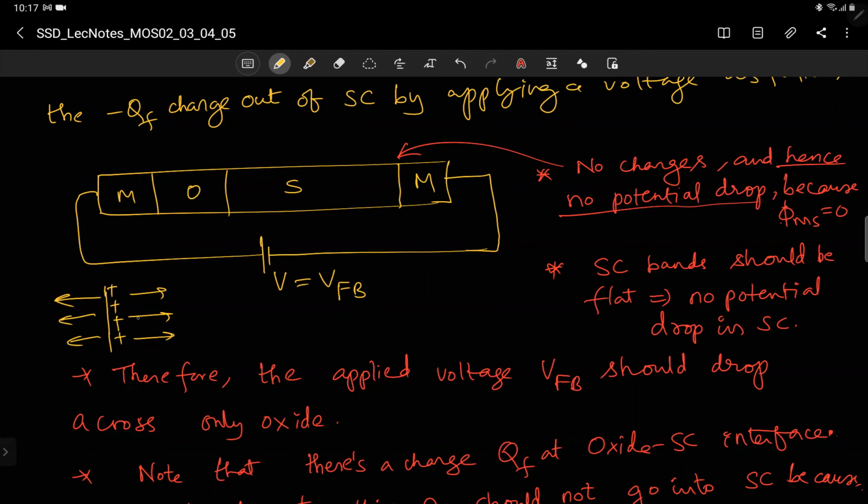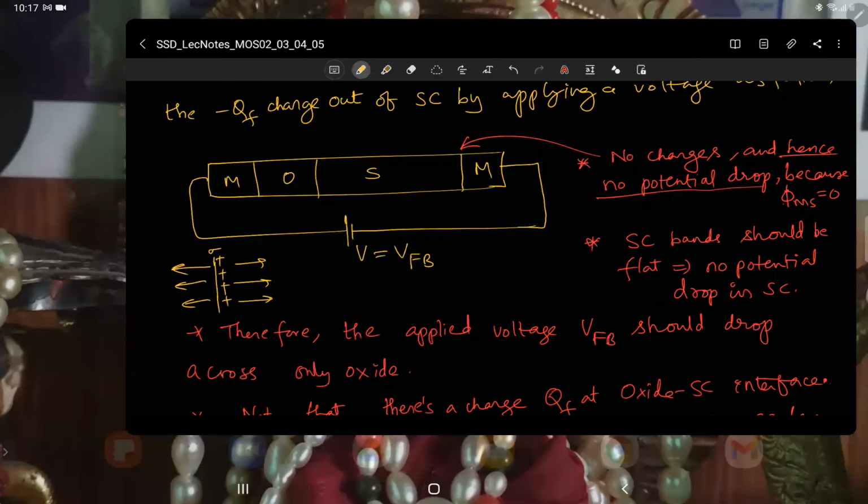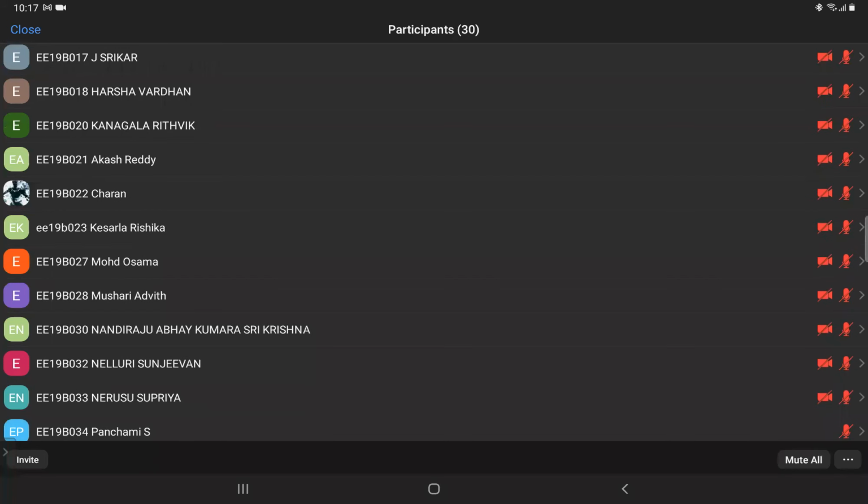There is sigma here on this. Can somebody answer? Why is there a difficulty in this simple question? Akash Reddy. Advit.